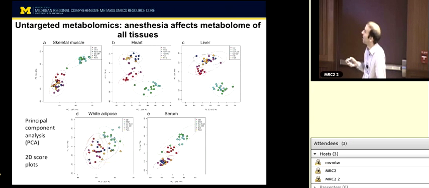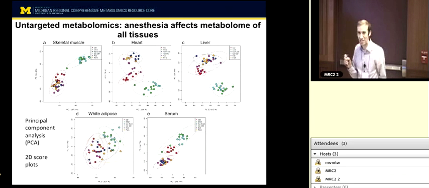These guys separate out. The continuous isoflurane and the pentobarbital were the most similar in terms of mode of anesthesia, and something similar in the other tissues. White adipose, a little bit less distinction between the tissues. Liver was very distinct between these modes. Serum, again, the same sort of thing. Overlapping modes of anesthesia and overlap between the modes of euthanasia.